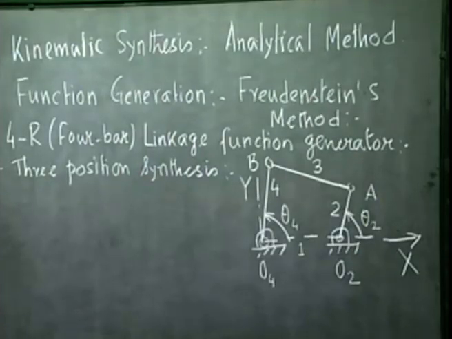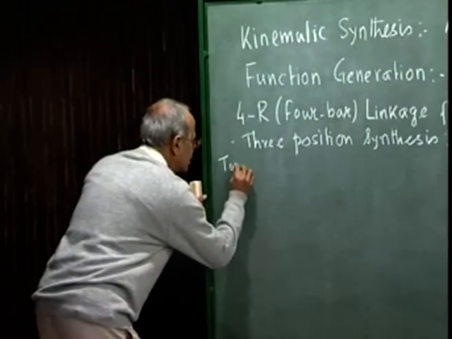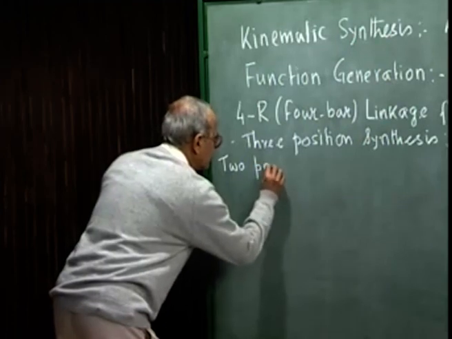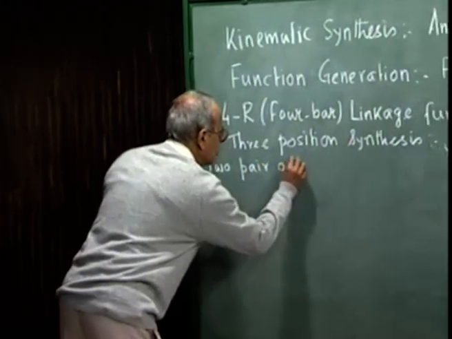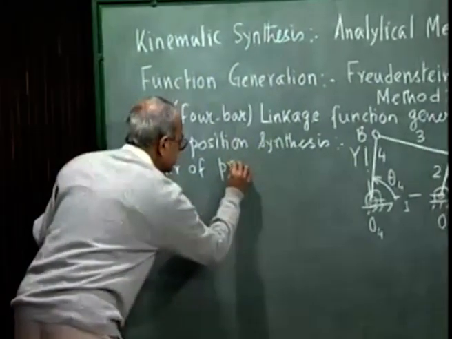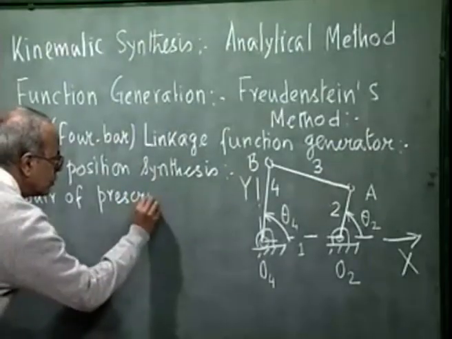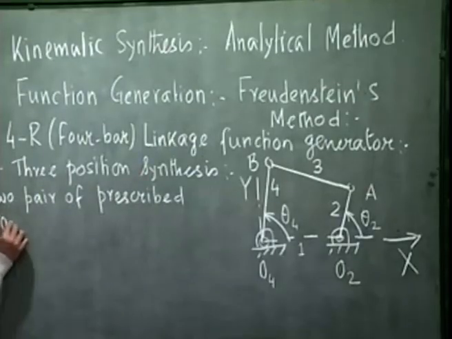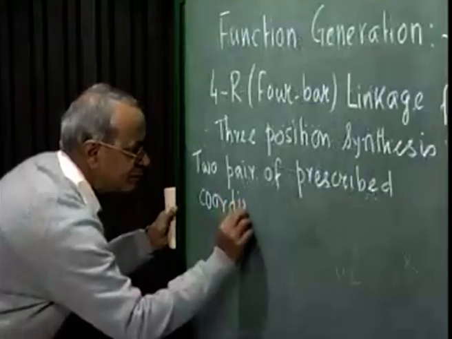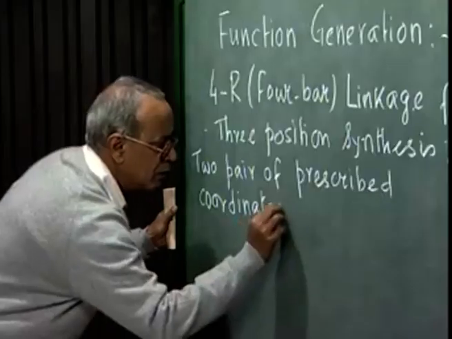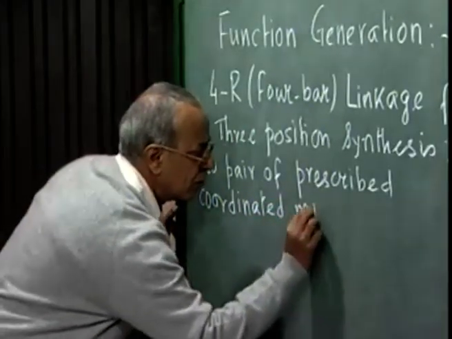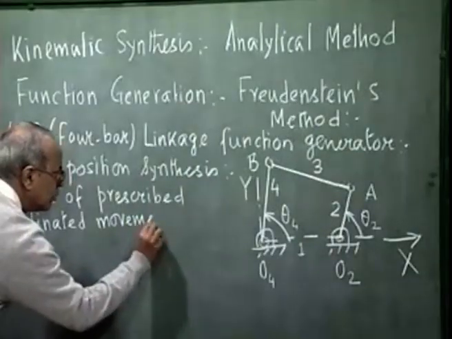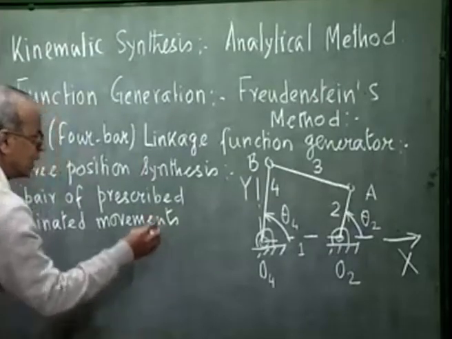For 3 position synthesis, what we mean is to generate 2 pairs of prescribed coordinated movements of the input and output link.